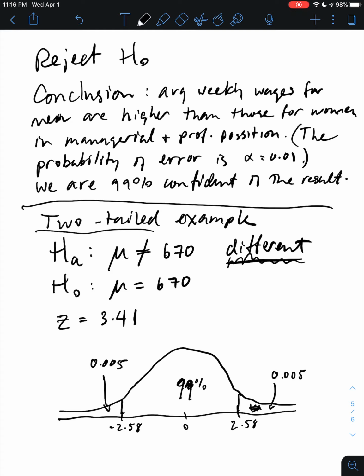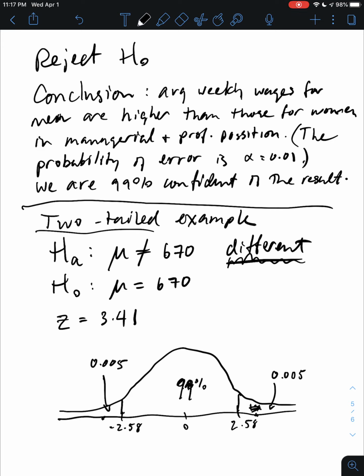So, the chance of us incorrectly rejecting the null hypothesis, so if our Z is here or here and it's actually true, the chance of us incorrectly rejecting it is now 1%, but it's distributed evenly between 1% for incorrectly rejecting because it's too high and 1% because it's too low.